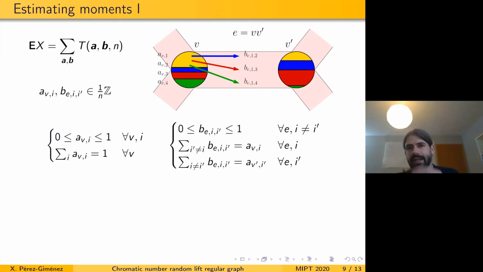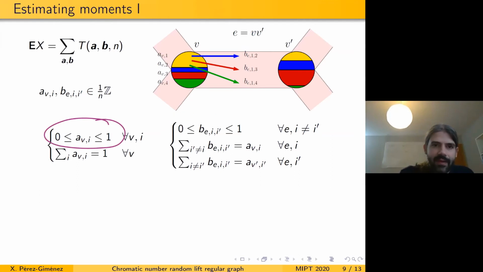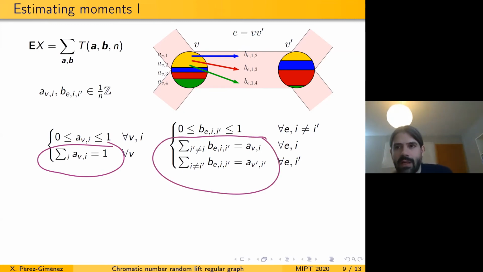So I'm really saying more than I planned. All I want to say is that once you decide what the A's and the B's are, there are some easy equality and inequality constraints that they satisfy. So long story short, the A's and the B's live in some lattice, and also live in some polytope given by the inequality constraints. And this is intersected with an affine space given by the equality constraints.